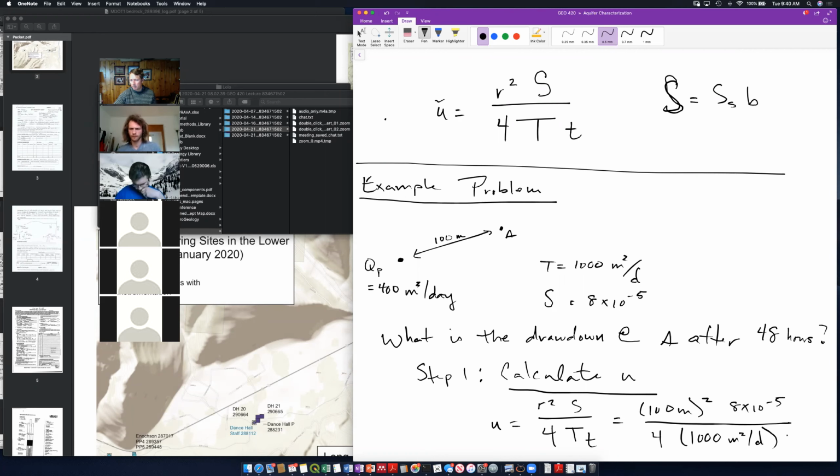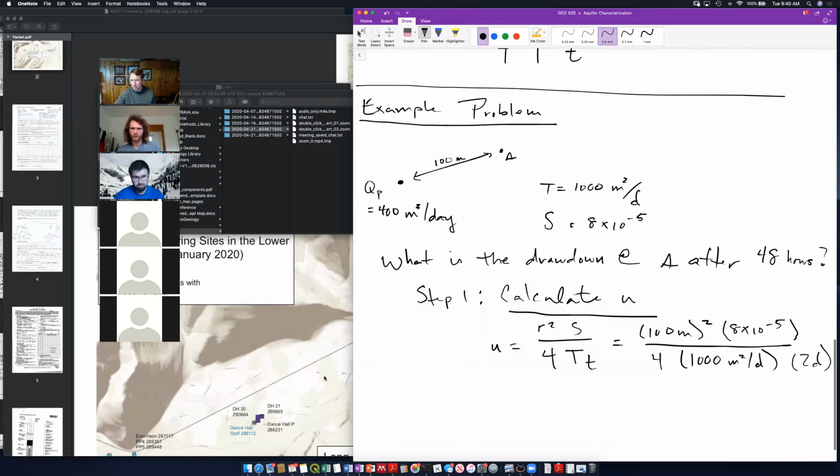And the time would be 48 hours, which is 2 days. All right. And I think if we get that, u is, what was it? 1 times 10 to the minus 4. Yes.